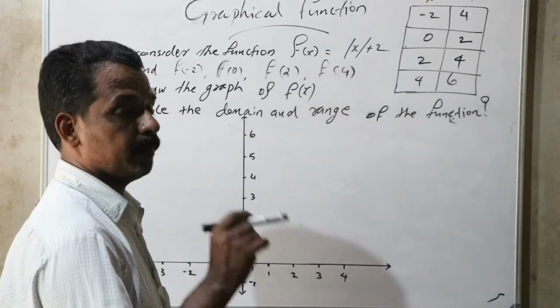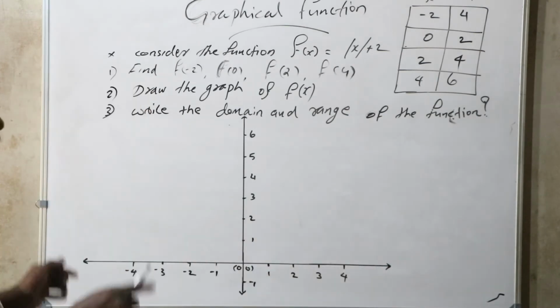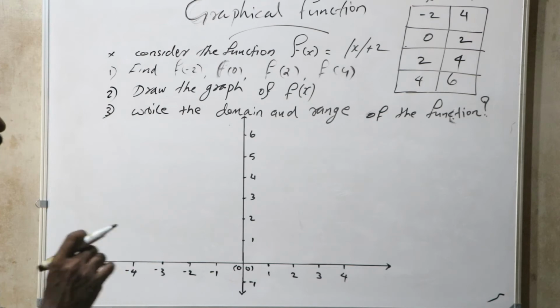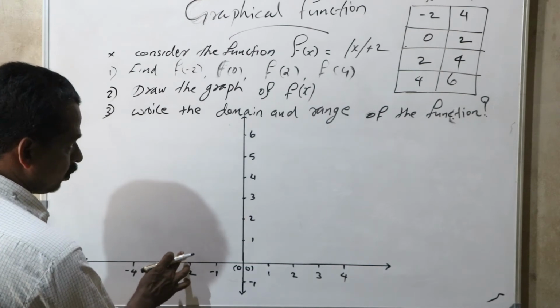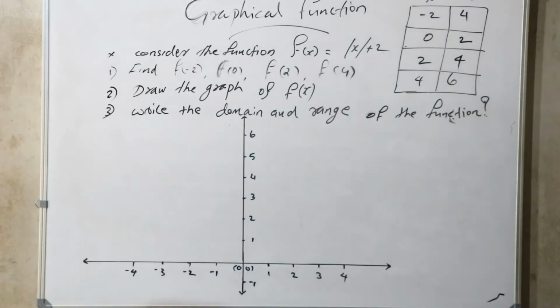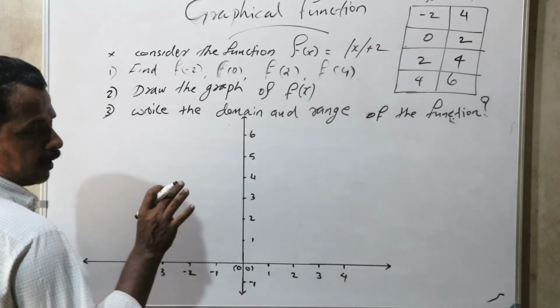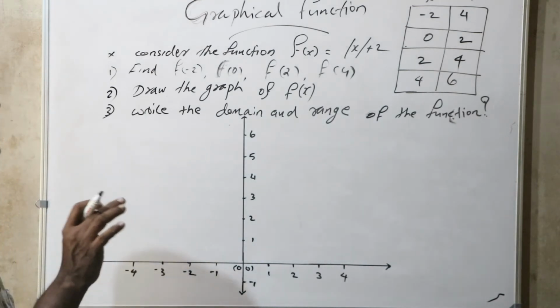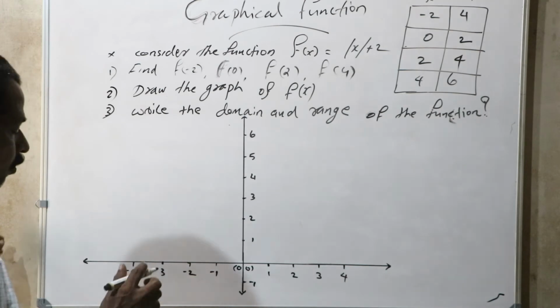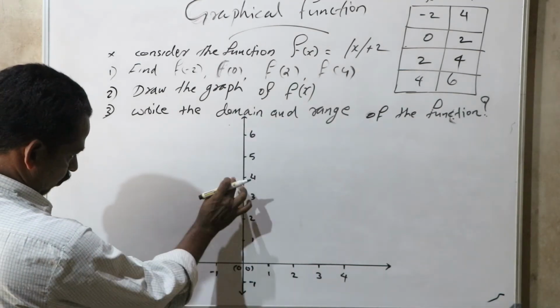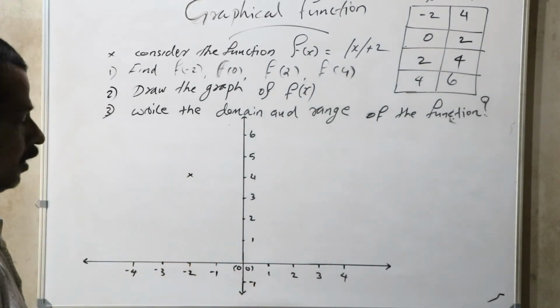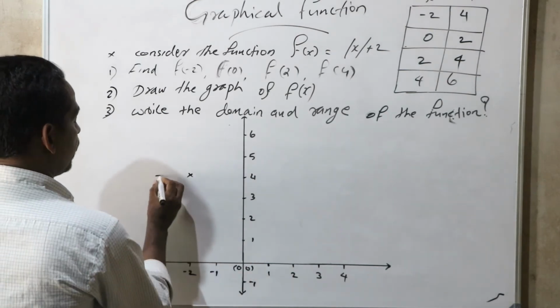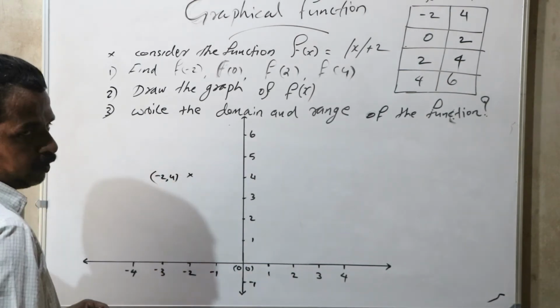The x value of the point is minus 2, so draw the perpendicular at minus 2, and the y value is 4, so draw the perpendicular at 4. Here comes the point minus 2, 4.